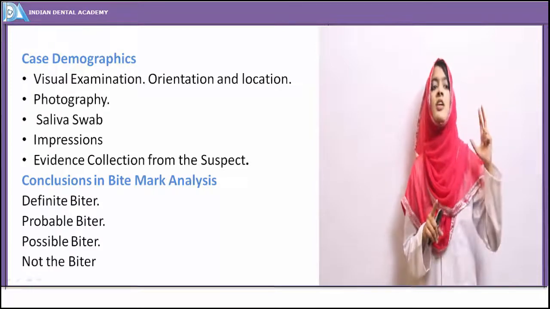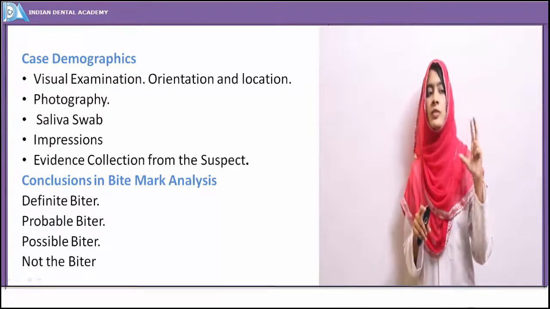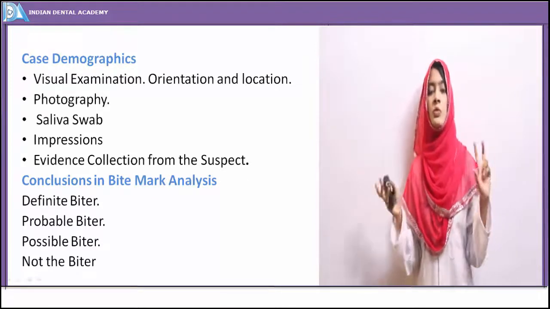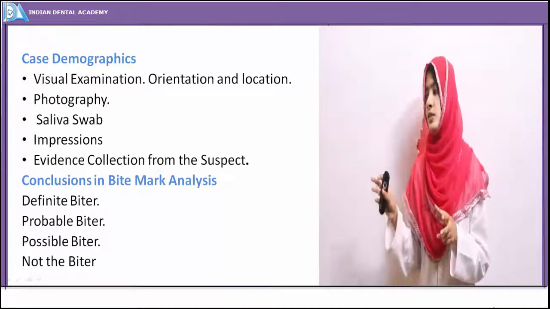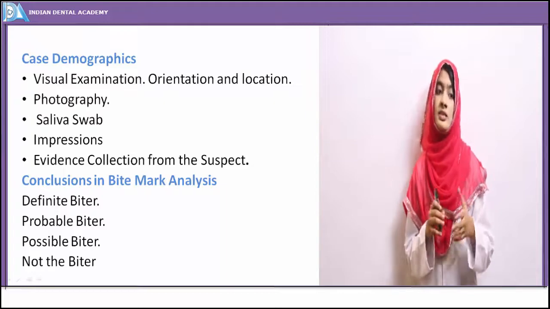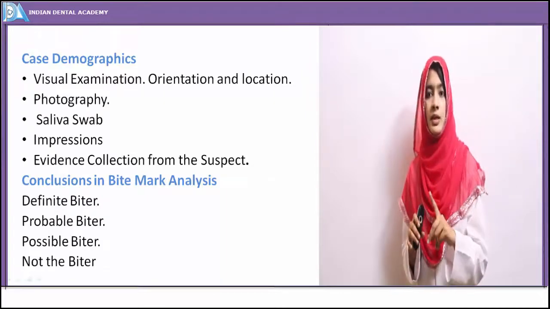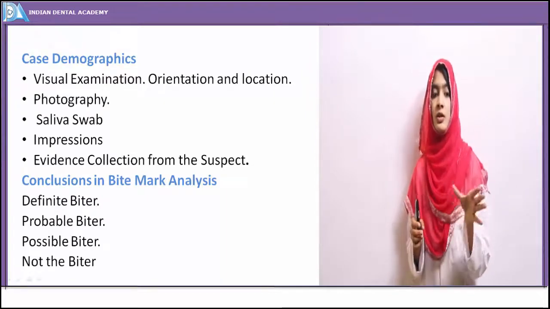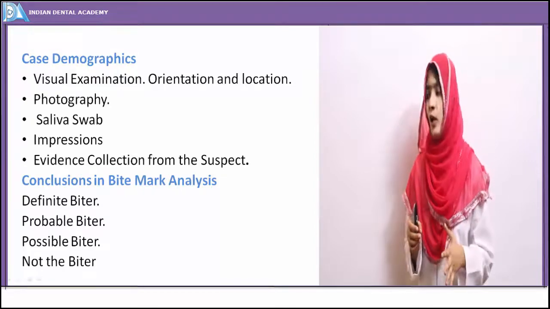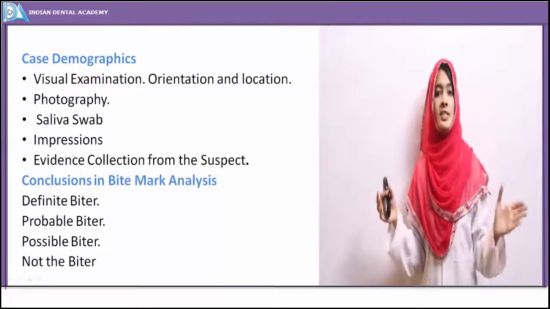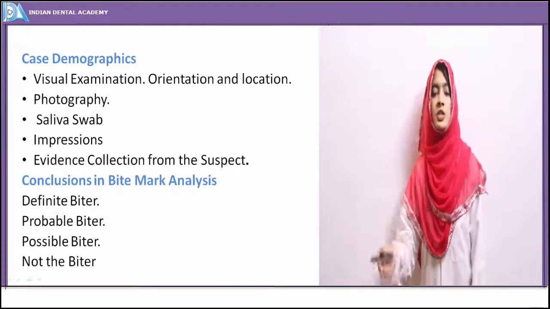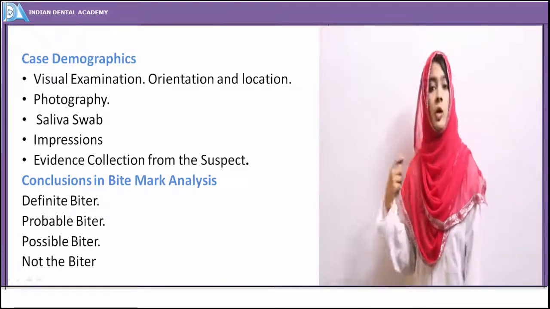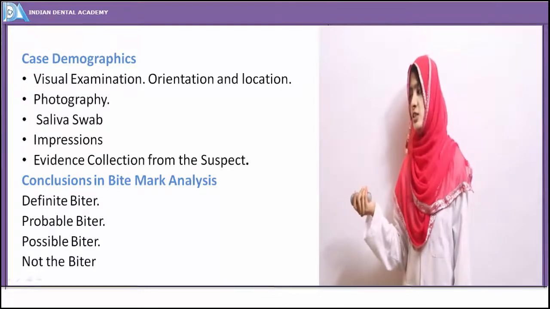Probable biter is when the match between the victim's bite marks and the suspect is about 50%. Possible biter means he may be a biter, but the clinical evidence lacks quality. Not the biter means the marks caused on the victim are completely different from the impressions obtained from the suspect, so he may not be the biter. So you write the report in such a way.